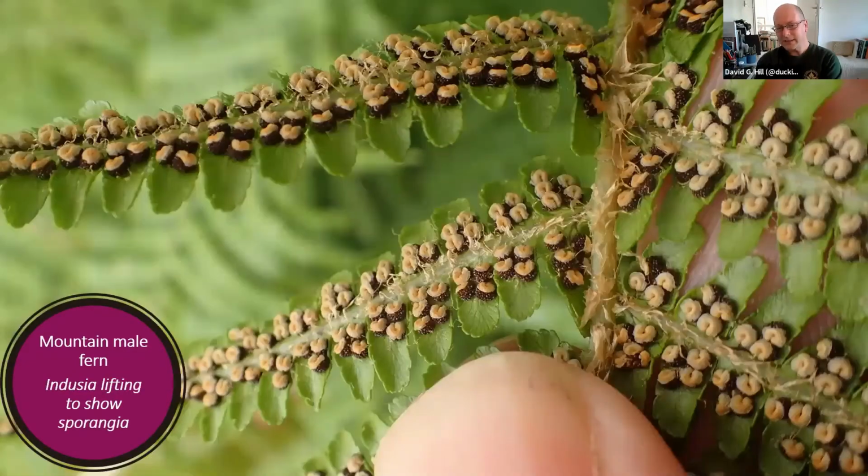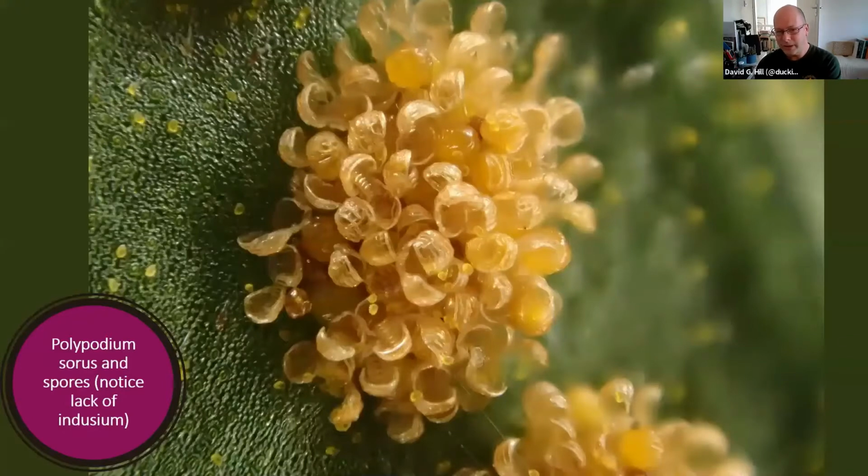And then as they mature, the indusia will start to lift. Remember, I'm looking at the underside here. There's a bit of my thumb there for scale. And so underneath the indusia, you've got sporangia. And these are structures within which the spores are found. So those aren't the spores themselves, they're little spheres, football-like structures that hold the spores inside them. And if I go in a little bit closer, this is a different fern, this is Polypodium.